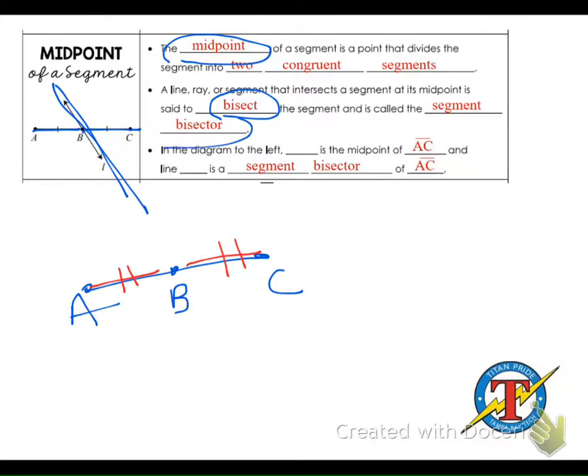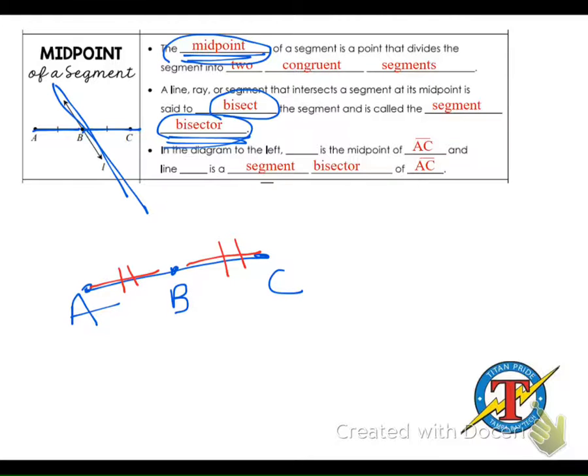The word bisect means it cuts it in half again, cuts it into 2 equal pieces. The difference is a midpoint is a point, a bisector is not a point, it's a line or a ray. Okay? But it does the same thing. So if it's a midpoint, it cuts it into 2 equal pieces. If it's a bisector, it cuts it into 2 equal pieces.